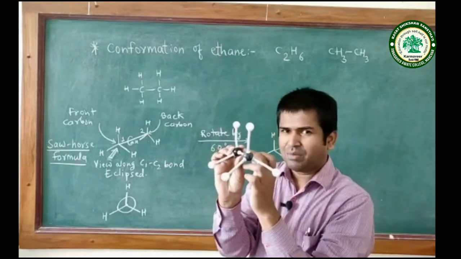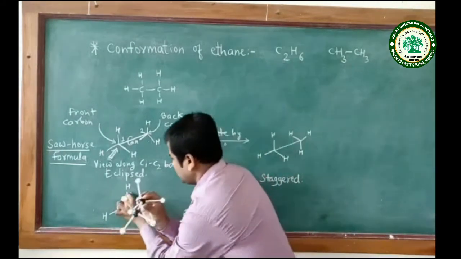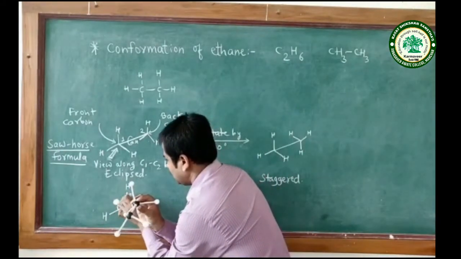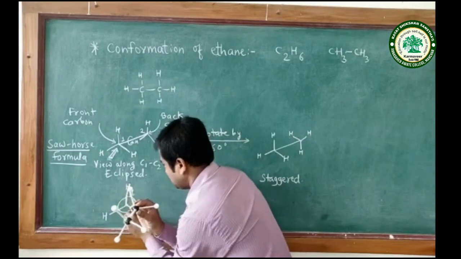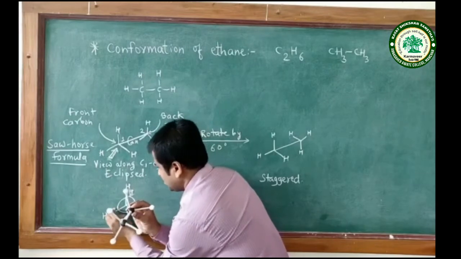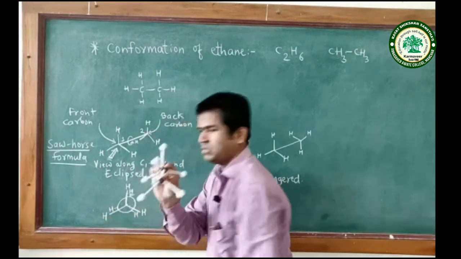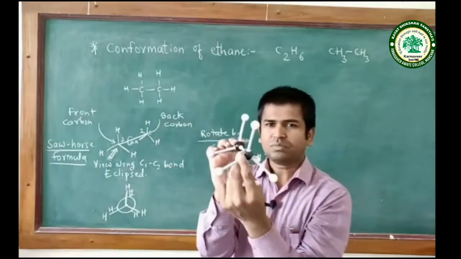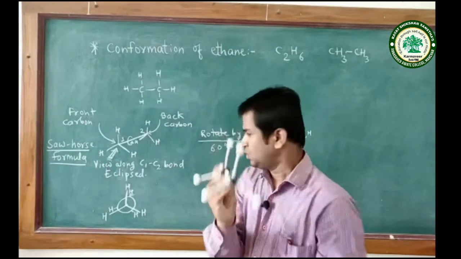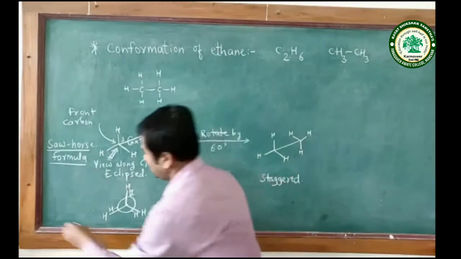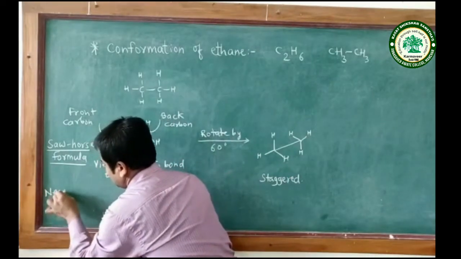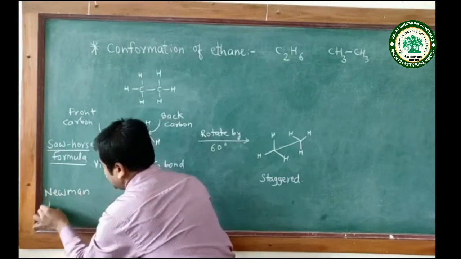And at the back carbon, carbon number 2, the hydrogens are observed like this. Are you getting this? Okay. So this is the eclipsed structure in the Newman projection formula.